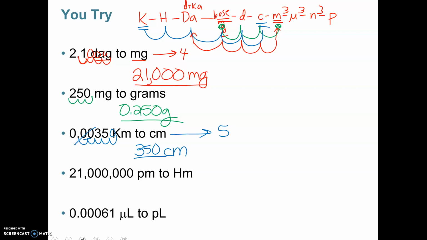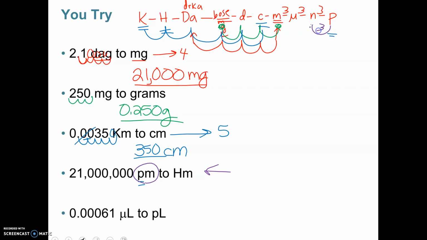All right, pico. This is one of our really tiny ones, all the way over to hecto. So let me change my color one more time. Let's do purple. Now remember, some of these jumps are more than 1 decimal place. So pico, we're going to go to the left, and here's how you're going to count on this one.